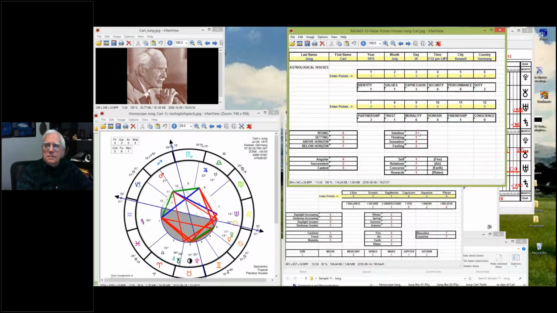Intuition, feeling, sensation, thinking. 5 intuition, 1 thinking, 4 sensation or sensibility, and 2 feeling. So again, the above, the rising, and it's rising and setting. 5, the sensation and the intuition, they kind of, 2 things contrast each other. The first quadrant, first 3 houses, and the 9th, 8th, and 7th houses, but they're both 5 and 4.